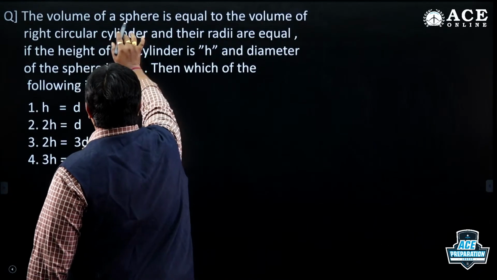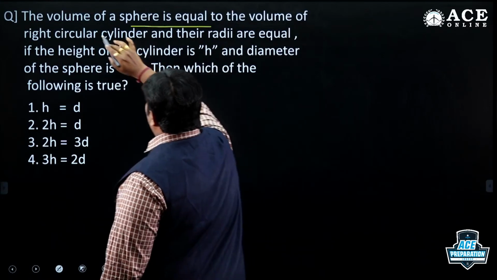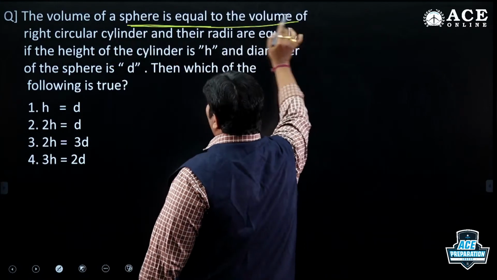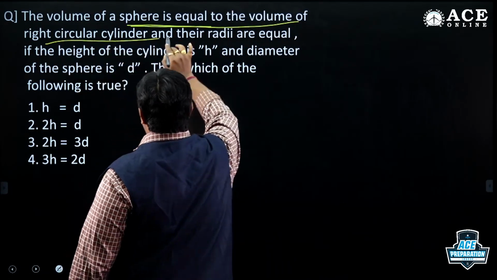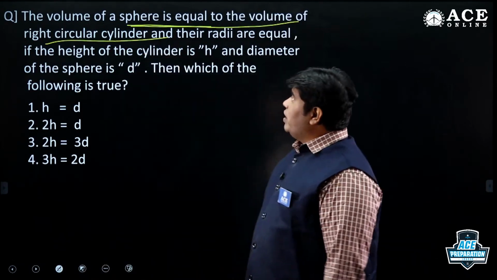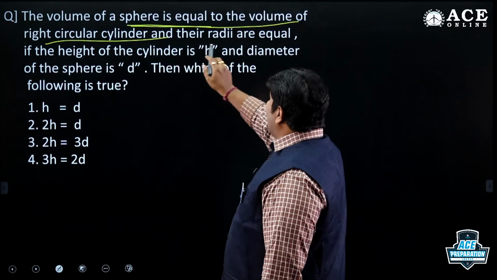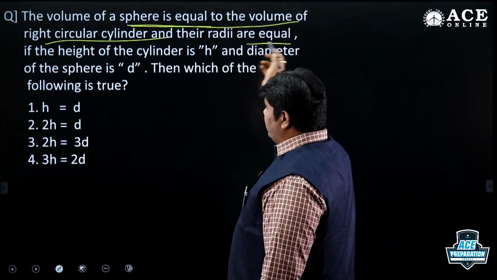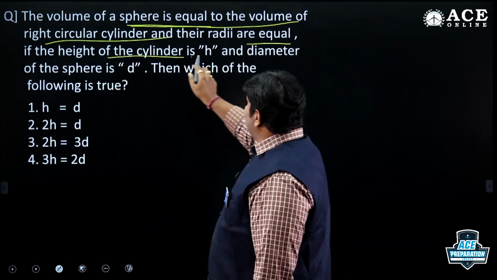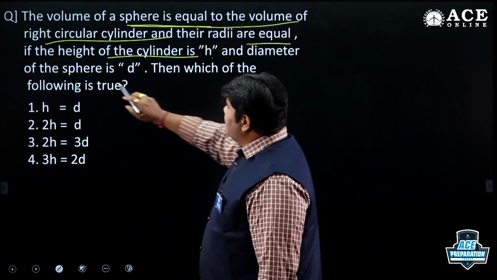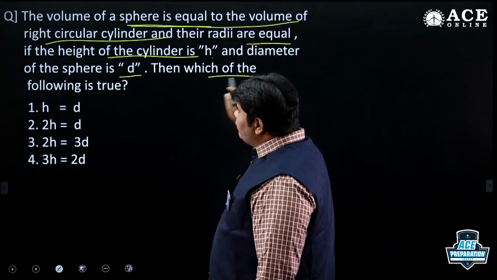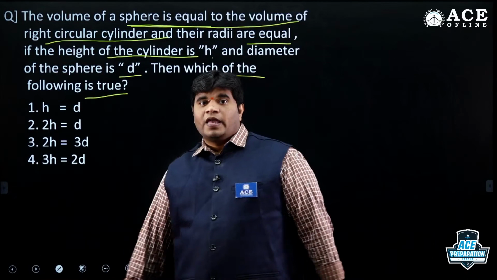The volume of a sphere is equal to the volume of the right circular cylinder, and the radii are equal. If the height of the cylinder is h and the diameter of the sphere is d, then which of the following is true?